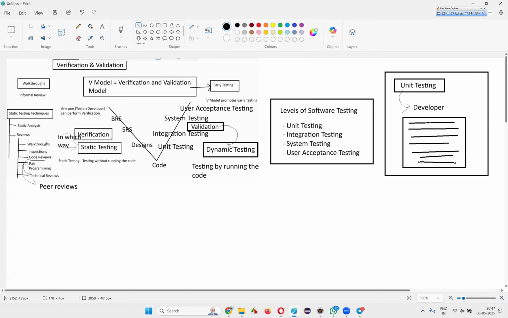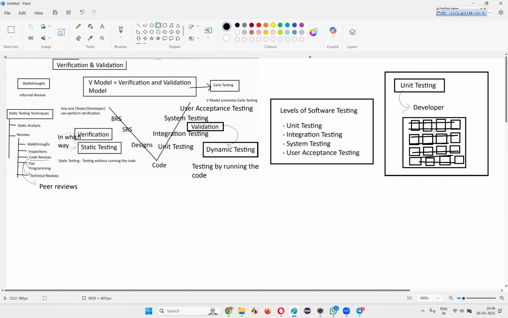The developer will break the software into the smallest possible units, each box here being a unit. The developer breaks the entire code into multiple smallest possible parts, and these boxes cannot be broken further.